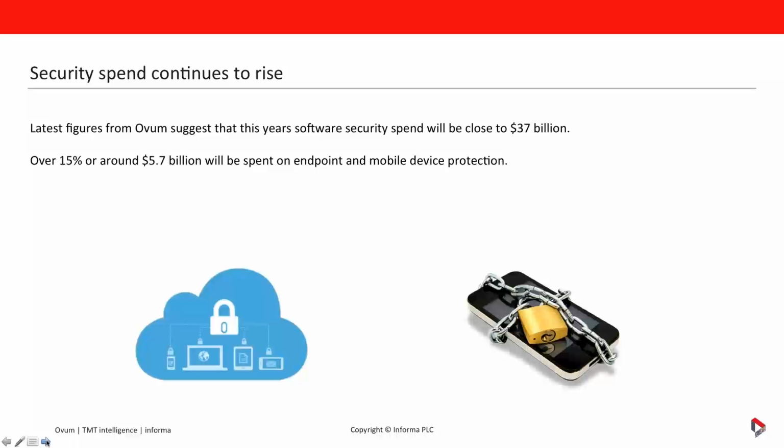As a result of everything that's going on in the security industry, the spend on software security solutions continues to rise. Ovum estimates that the spend this current year will be around US$37 billion. 15%, probably a little bit more, will be spent on endpoint and mobile device protection.